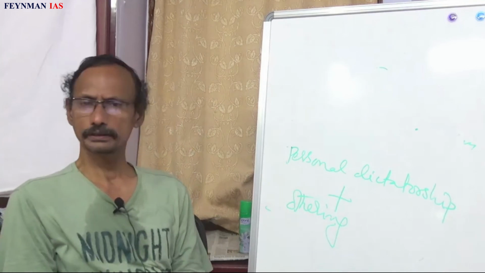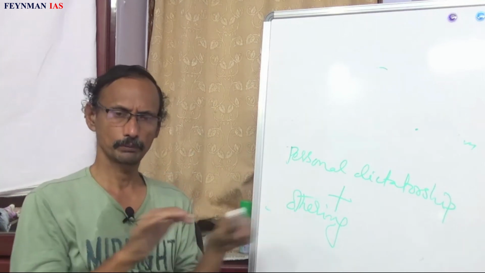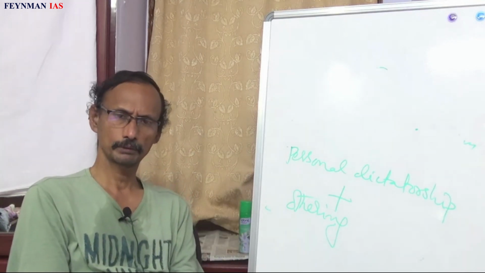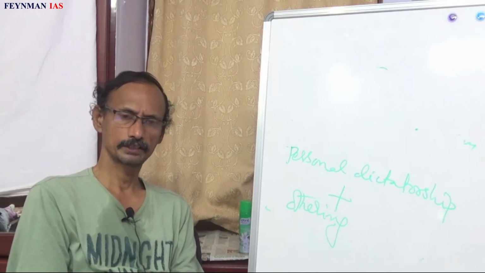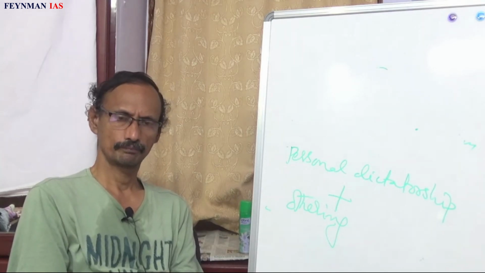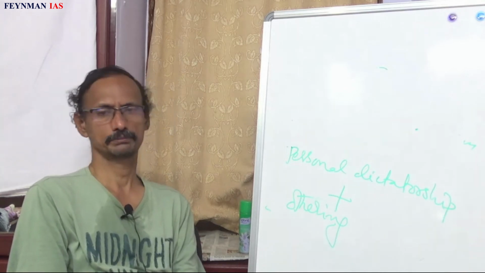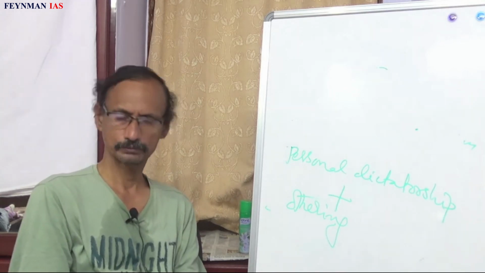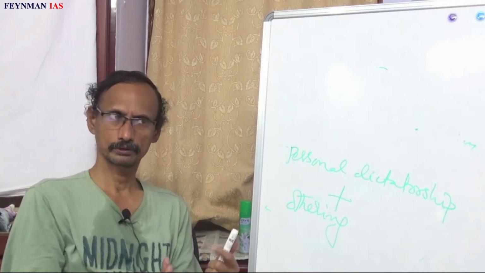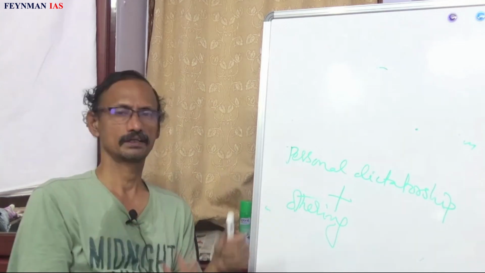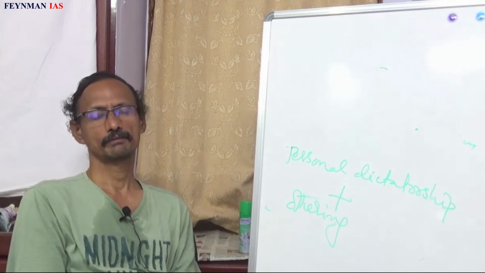Personal dictatorship means a dictator controlling people, eliminating the people who can threaten his power. Hannah doesn't think totalitarianism is personal dictatorship. That is true. Totalitarianism is about control over ideas, not simply having power over people.